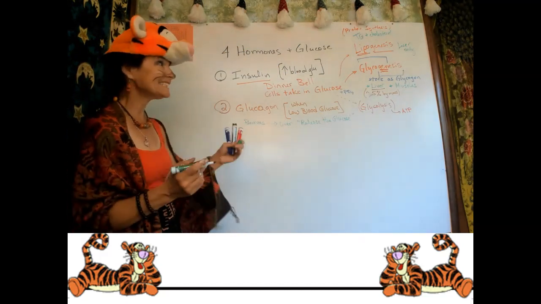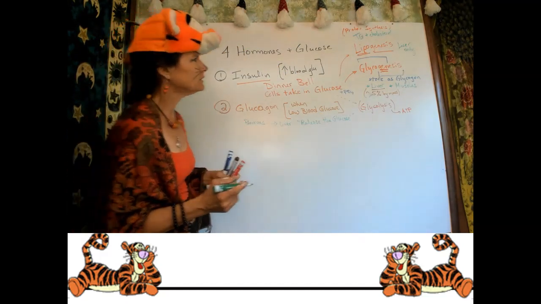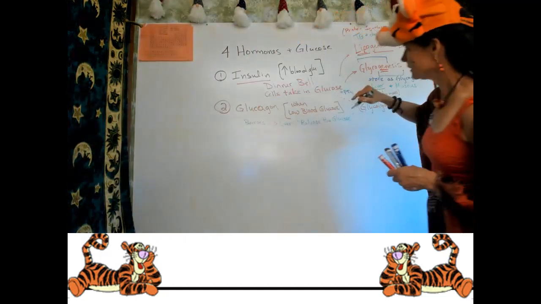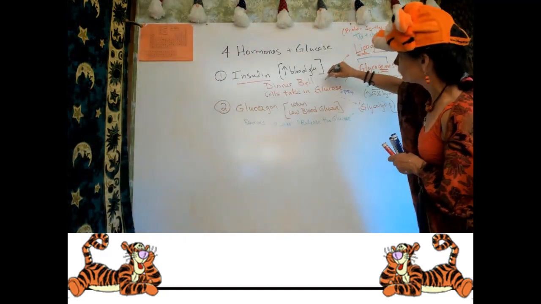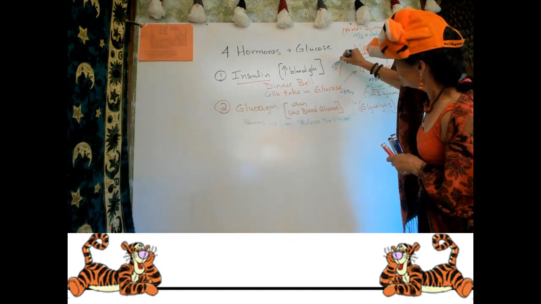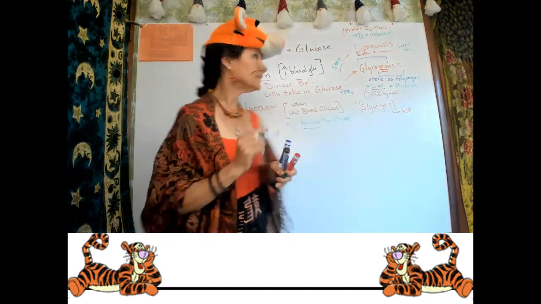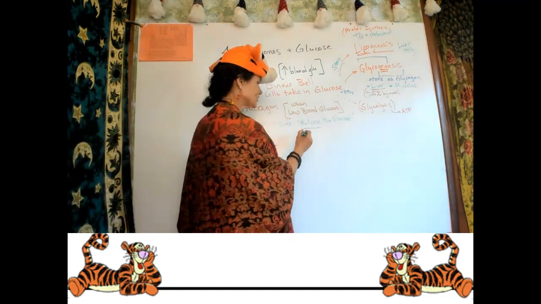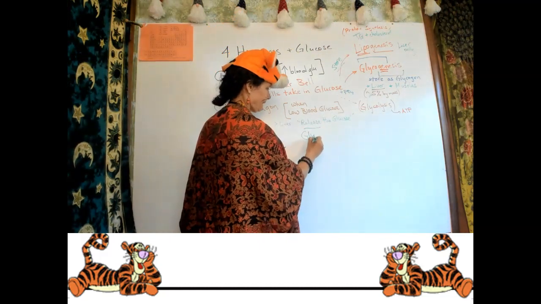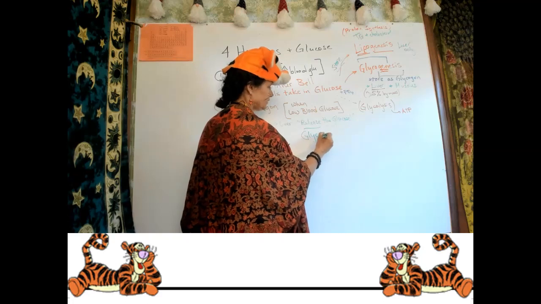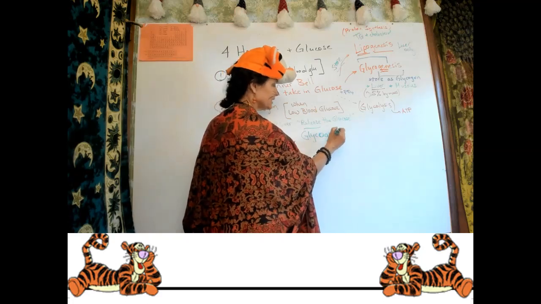So this is catabolic. These were anabolic. So this is, we're going to store. This is, we're going to release the glucose. So we're going to break down the glycogen. So you actually write the whole word glycogen.